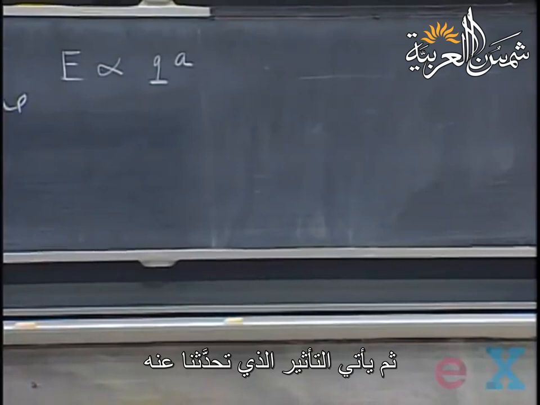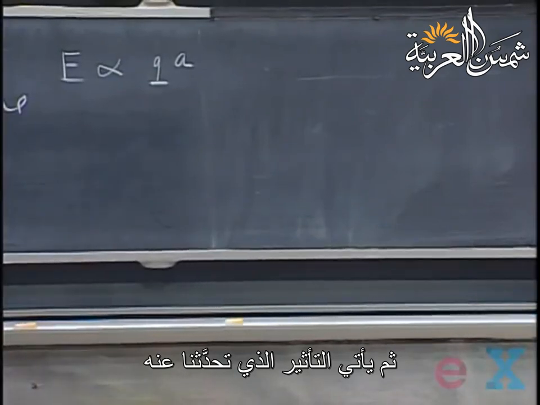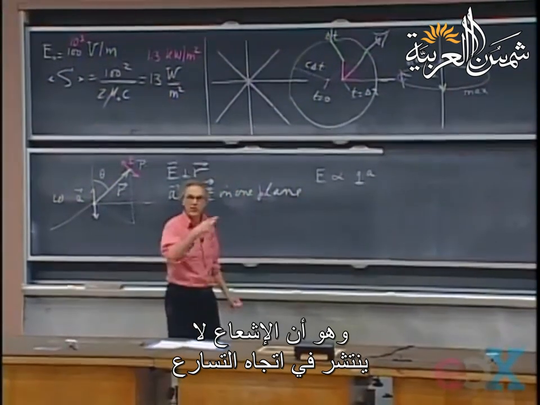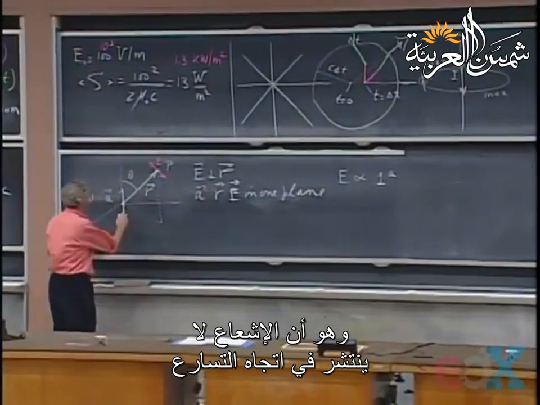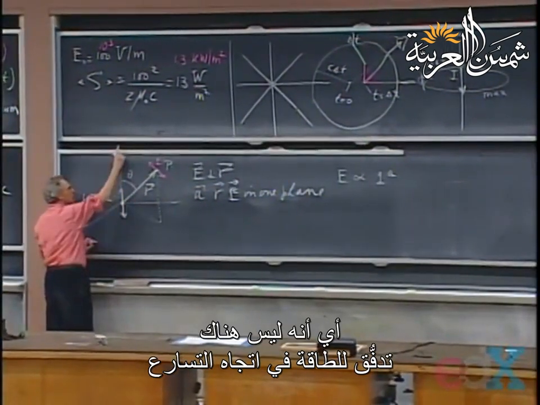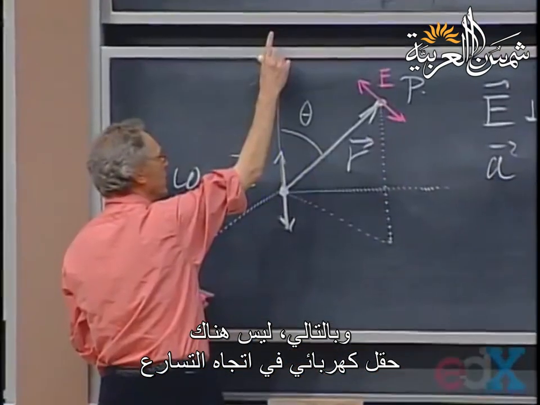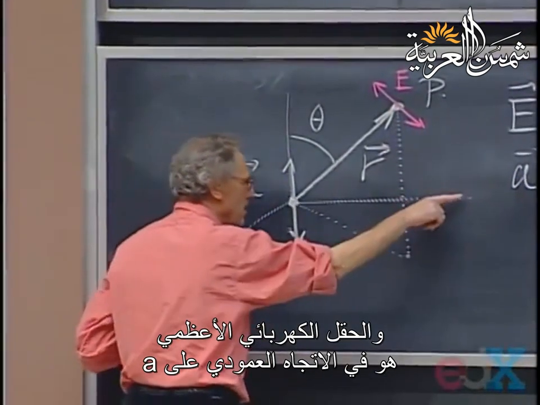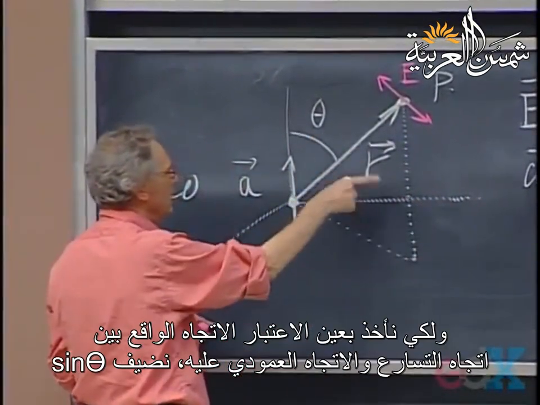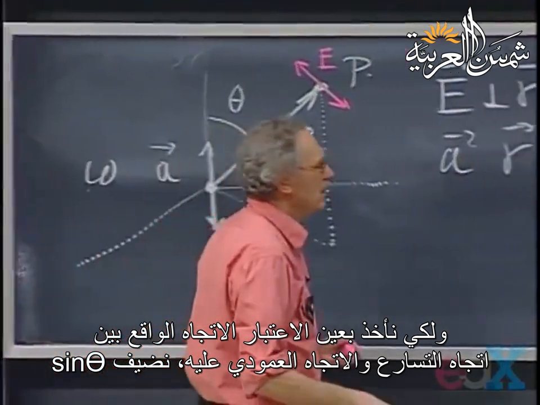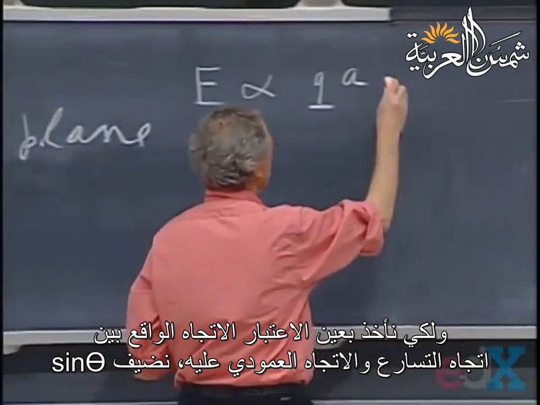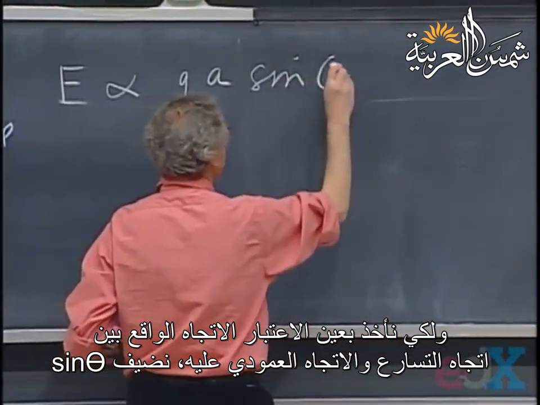And then there comes this effect that we discussed, that nothing goes out in the direction of the acceleration. No energy goes out in this direction, so no electric field is produced in this direction, and the maximum is produced in this direction, and somewhere in between here, and that is then reflected by the sine of theta.